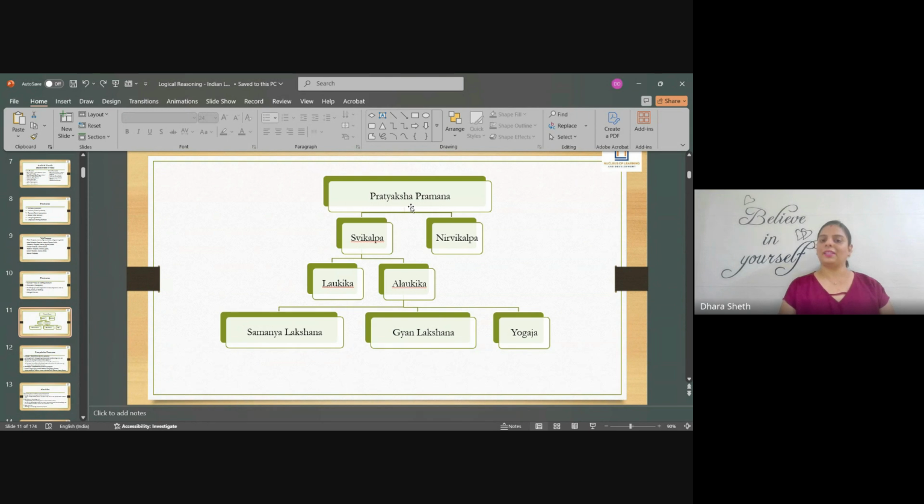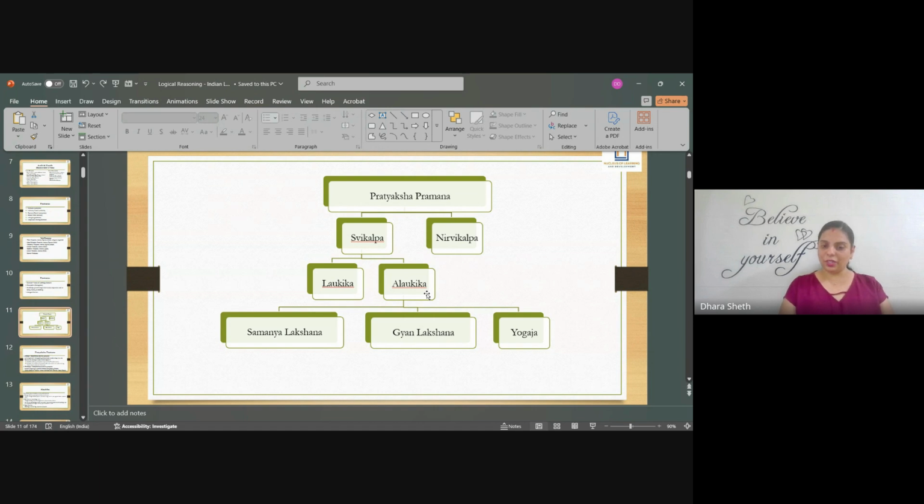So, Pratyaksh Praman using senses. Savikalpa, Nirvikalpa. Savikalpa is something definite which you can describe. Nirvikalpa is something that you can probably experience but cannot describe. There are no distinct characteristics of touch, smell, color, action that you can say. Laukik and alaukik. Laukik that you have directly perceived through your senses. Alaukik, extraordinary perception that you have not perceived through your senses before.